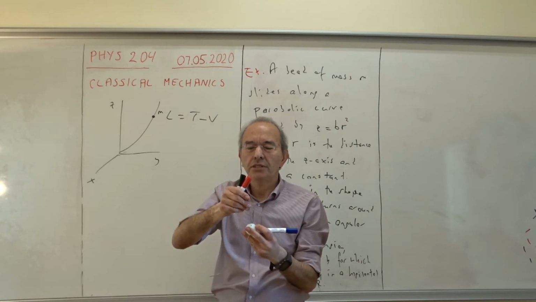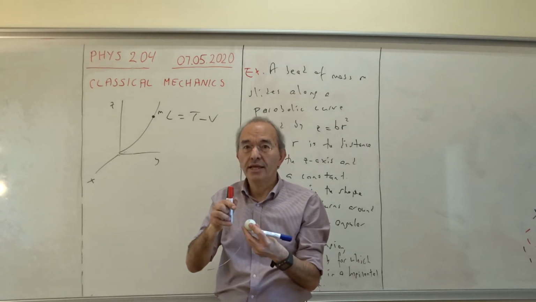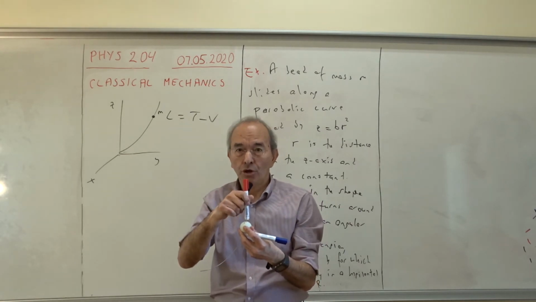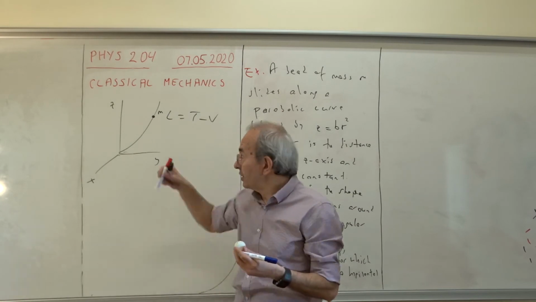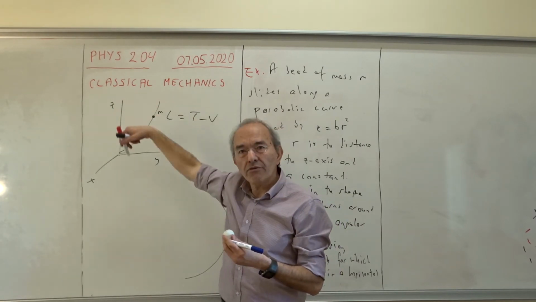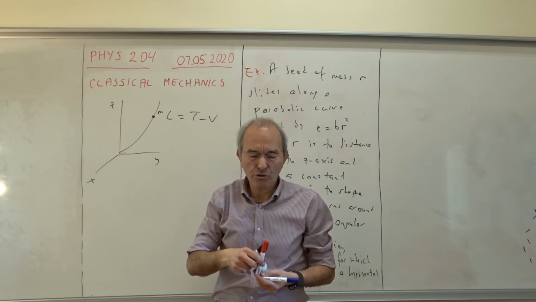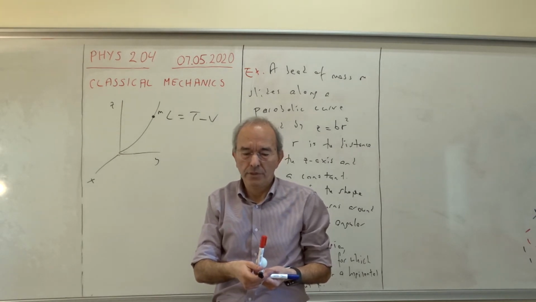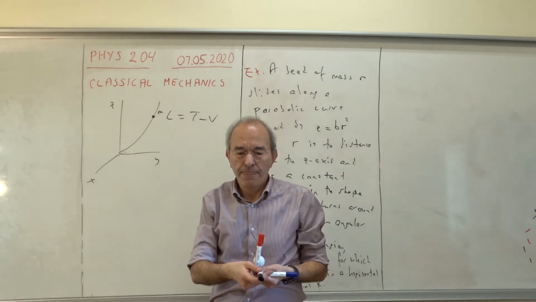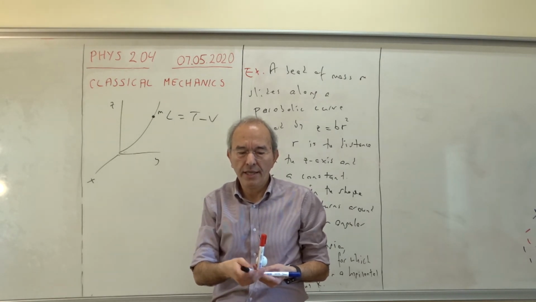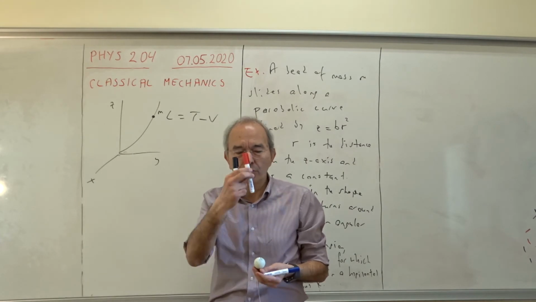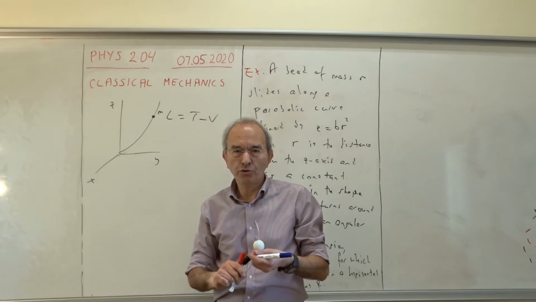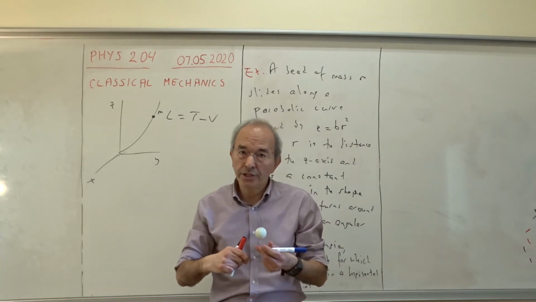The second possibility is that it has a certain z component, because it can move up or down: z dot. And the other one is, since the wire is turning around the z-axis, it may also have a component out of the board, because of the angular velocity omega. The red one is z dot, the blue one corresponds to the radial velocity.